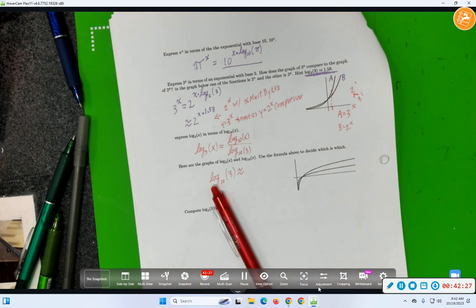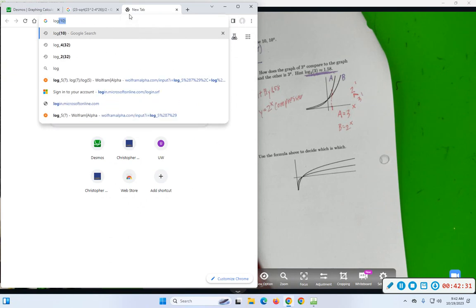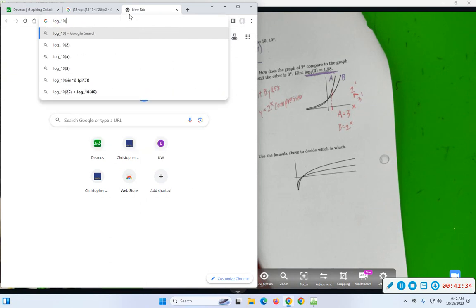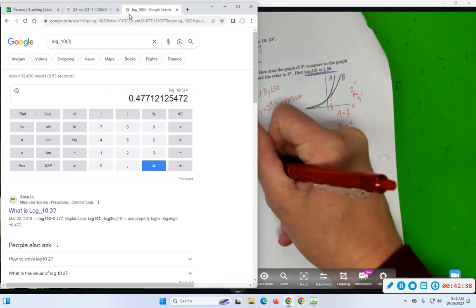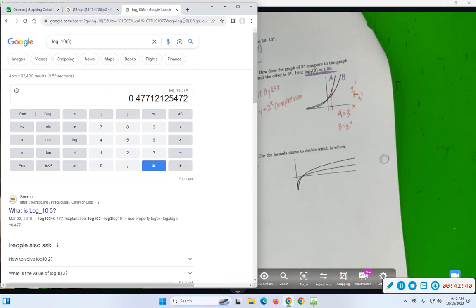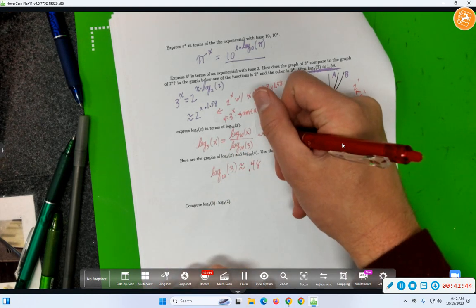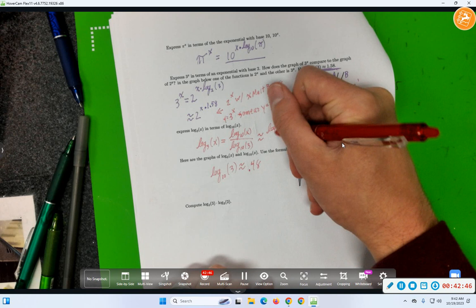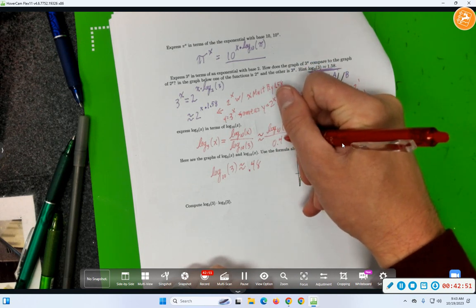And you know what? Let's add this into log base 10 of 3. It's pretty close to a half. But let's get an actual decimal approximation. It's somewhere around 0.48. So that means that this is about log base 10 of x divided by 0.48.